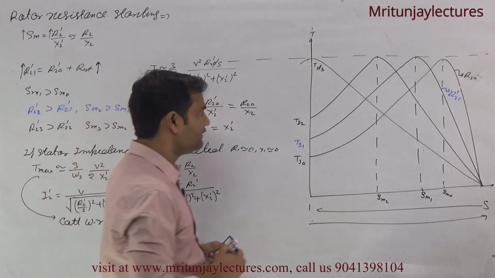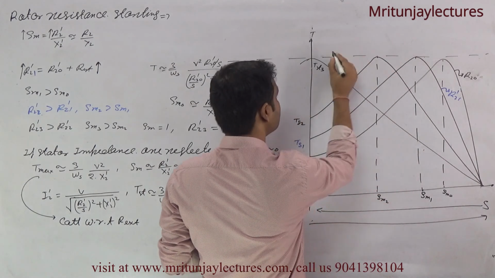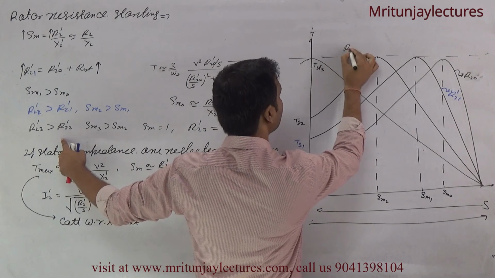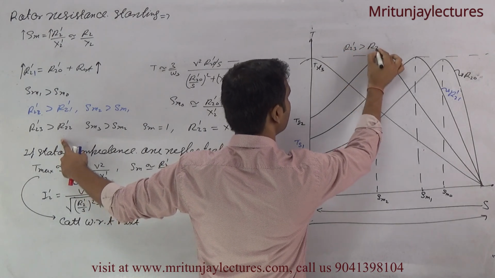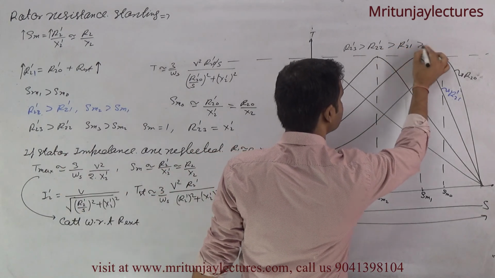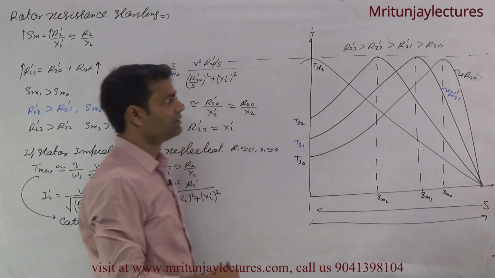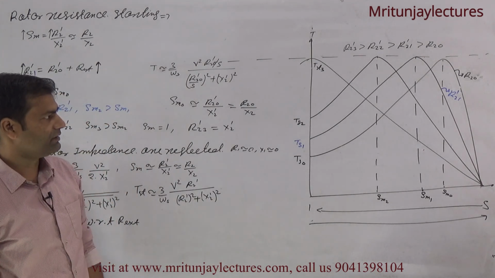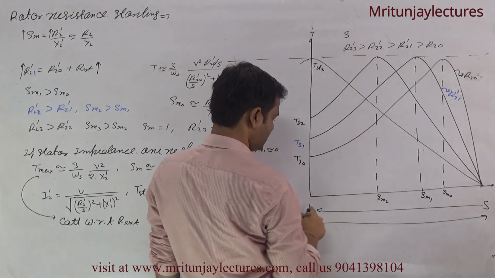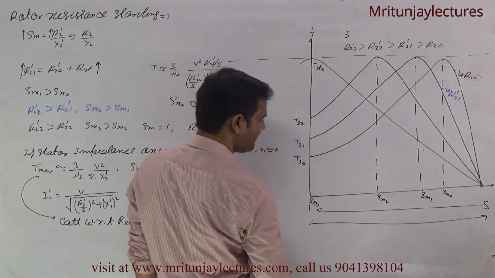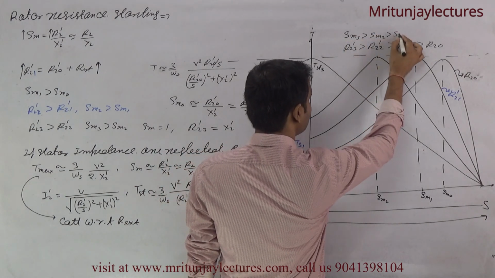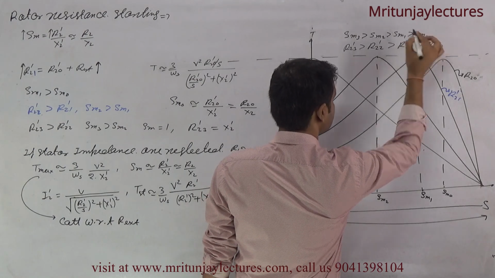In this region you can say R23 dash is greater than R22 dash, greater than R21 dash, greater than R20 dash. Clear? And for slip, SM3 is greater than SM2, greater than SM1, greater than SM0.